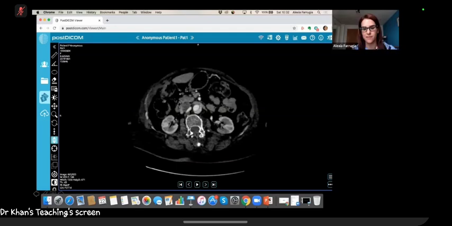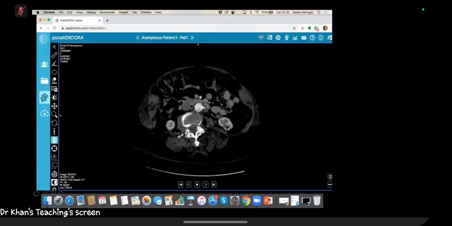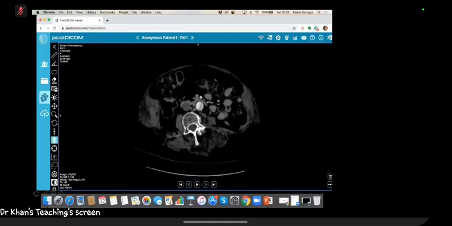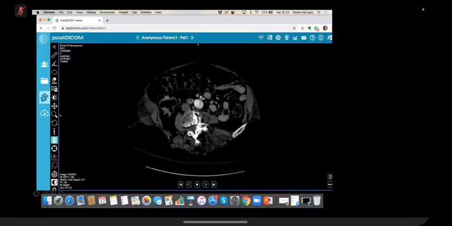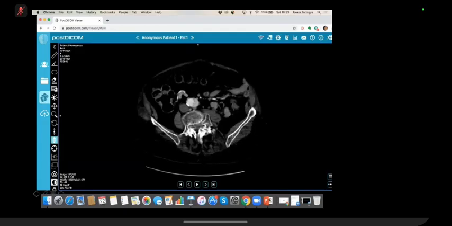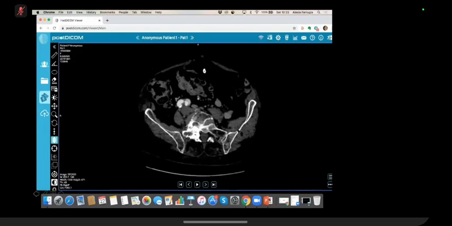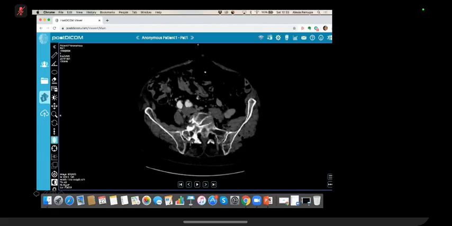Perfect. This is a large dissection flap involving basically the whole ascending aortic arch, extending up into the brachiocephalic, with left renal hypoperfusion. This is a surgical emergency, and I think it's a DeBakey type 3.